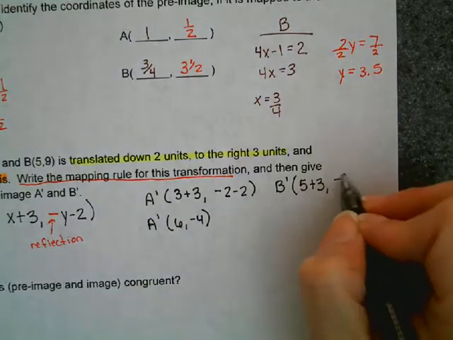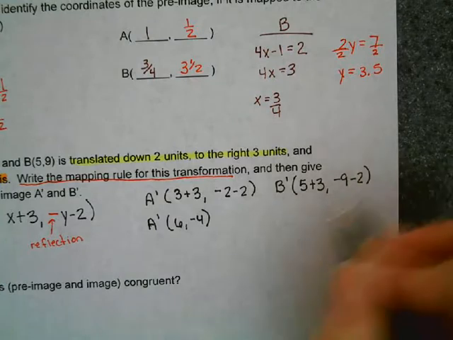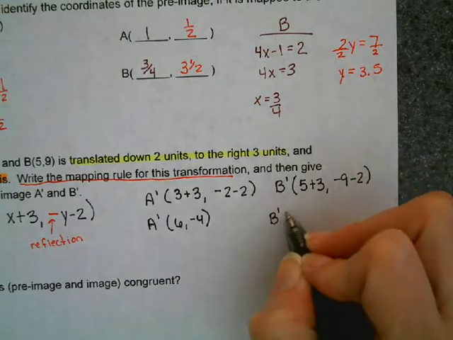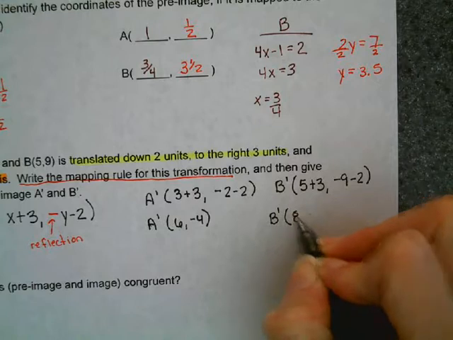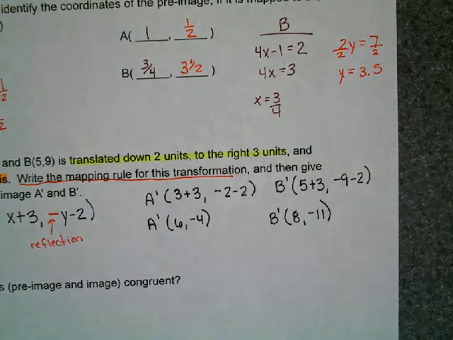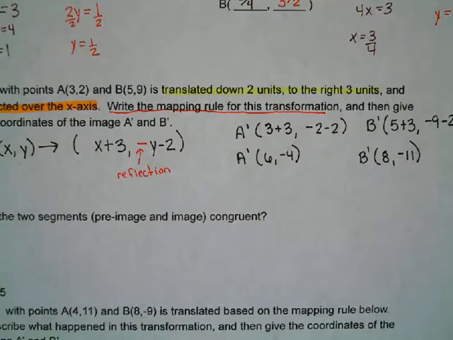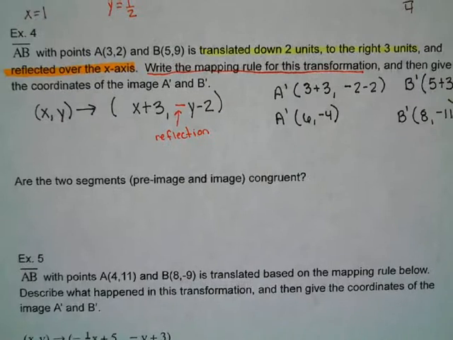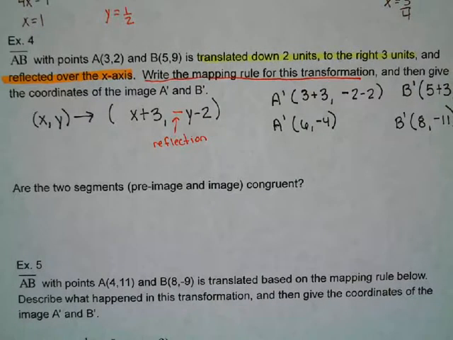So the B value is 5, so 5 plus 3, and the Y value is 9, so negative 9 minus 2. So my new ordered pair for B would be 8, negative 11. So if you were to graph the point 3, 2 and did all those transformations, then you would come out to the point 6, negative 4.